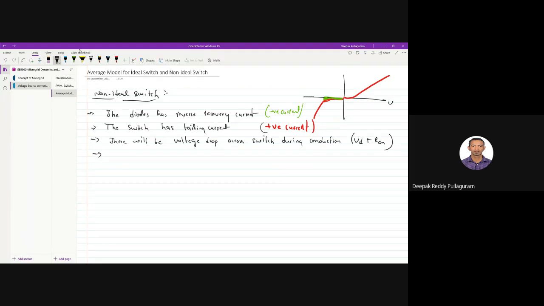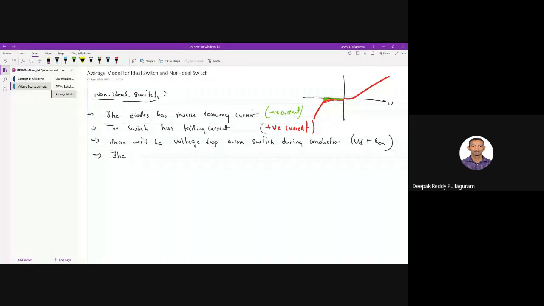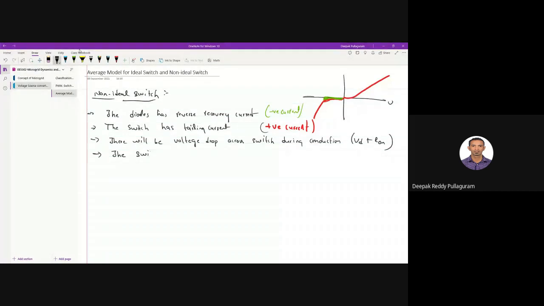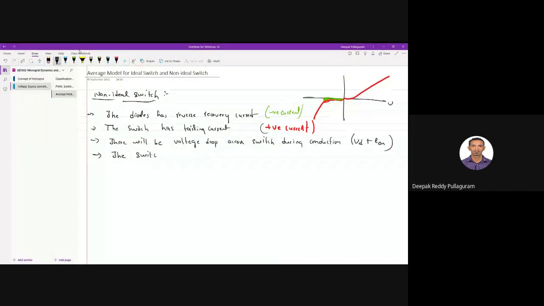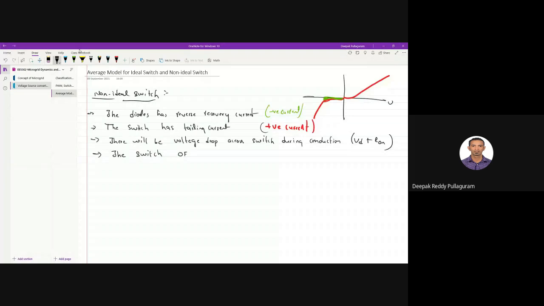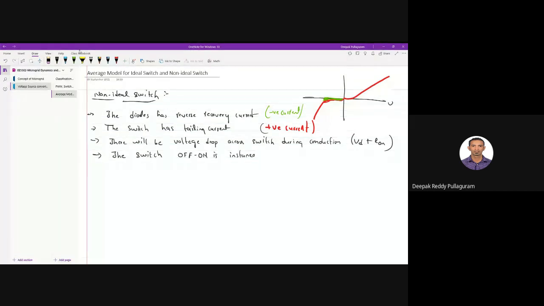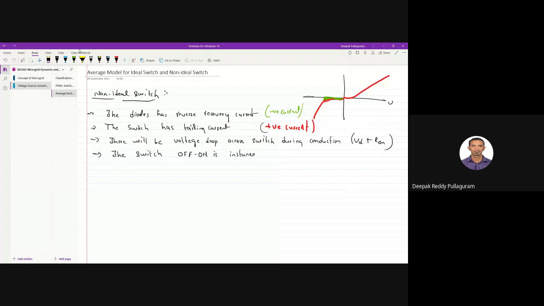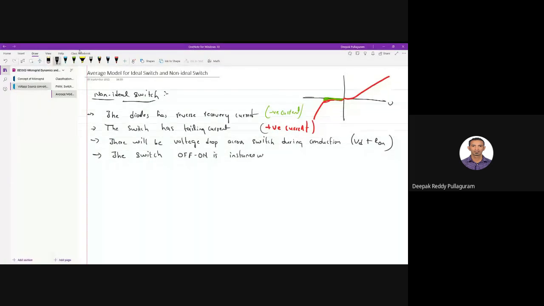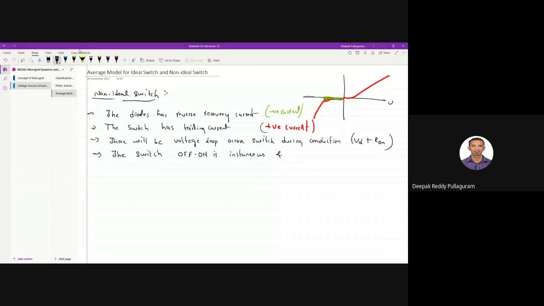And the other assumption is that the switch going from off to on is instantaneous, and on to off is not instantaneous.